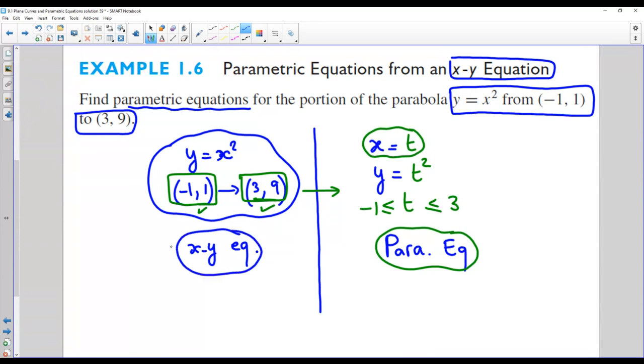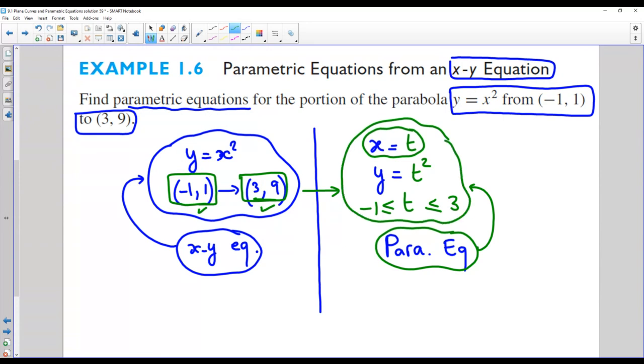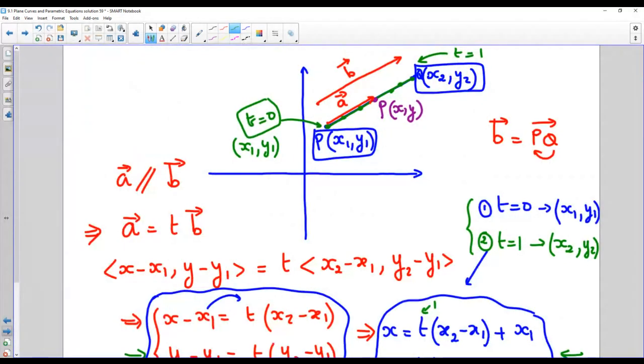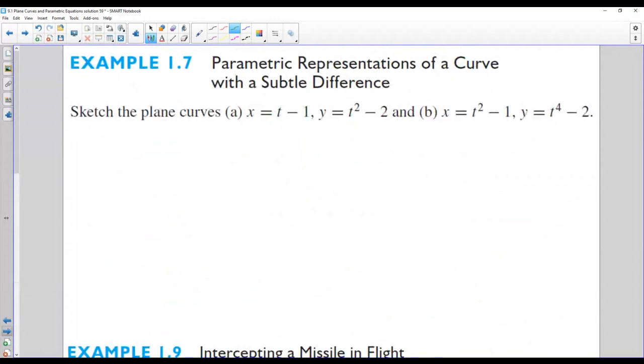These are the xy equations, and these are the parametric equations. They describe exactly the same thing, but in different ways. So it is fairly simple to find parametric equations like that.